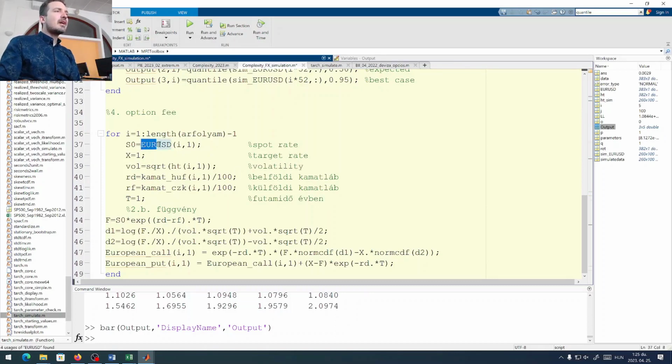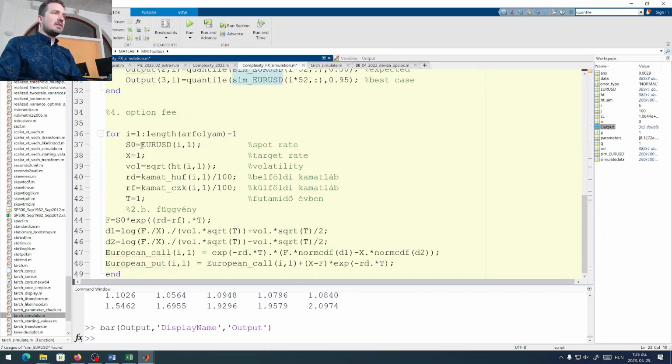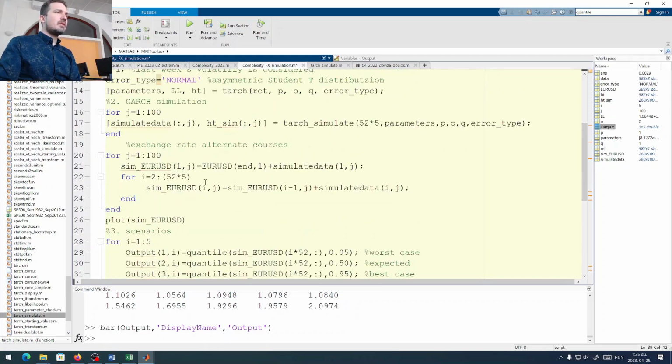And practically right now we can say that, okay, let's not use the historical data sets, let's use the simulations. So we already have the simulated data sets, so simulated euro US dollars, because it will be fun. Okay. And also we have the simulated volatility, so that's why I kept this.